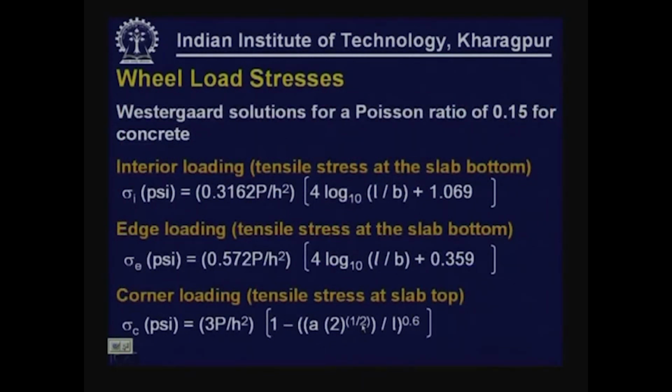These are the expressions given by Westergaard for a Poisson ratio value of 0.15 assumed for concrete, for load being placed in different regions: interior loading, edge loading and corner loading. For example, in the interior loading case, obviously there will be tensile stresses at the slab bottom and compressive stress at the top.